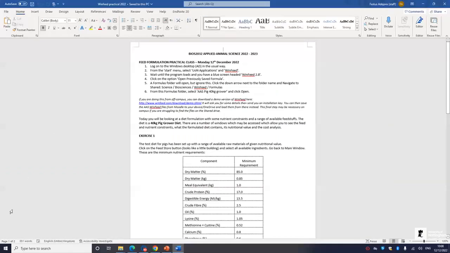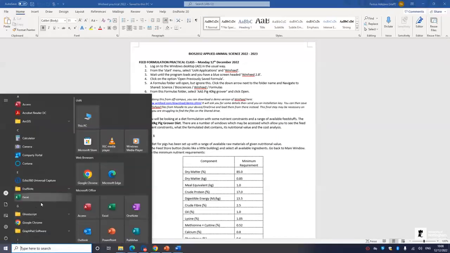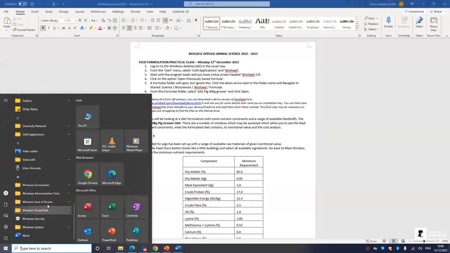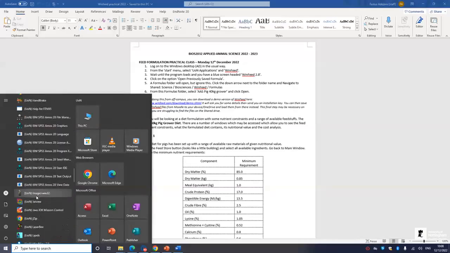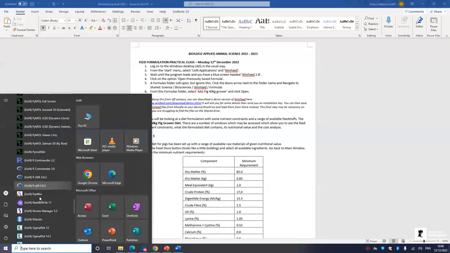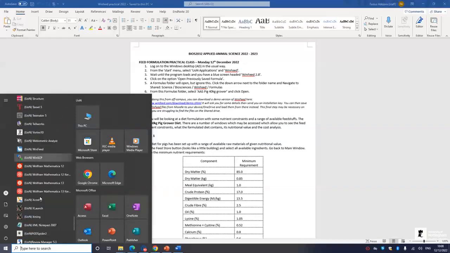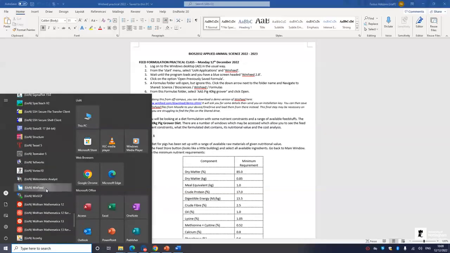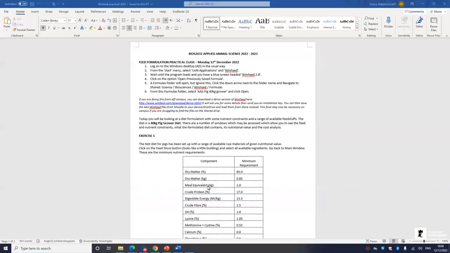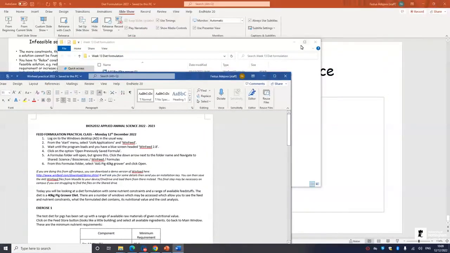So on the system, log on to the Windows as usual, go to the Start menu and select U of N Applications and WinFeed. So I'm going to do that. I have U of N Applications. And then I have my WinFeed software opened.